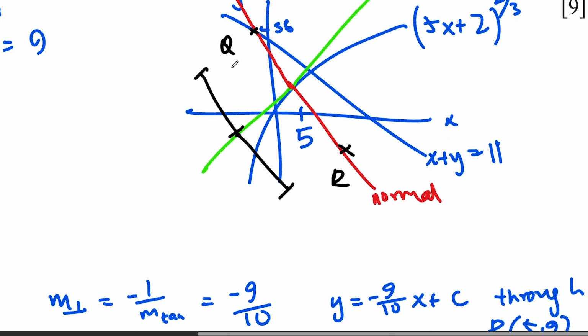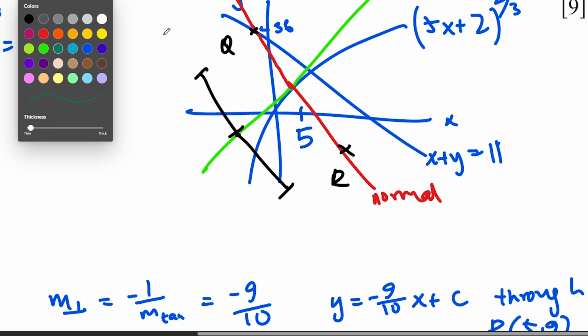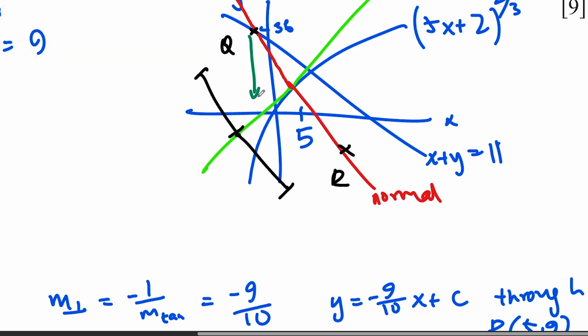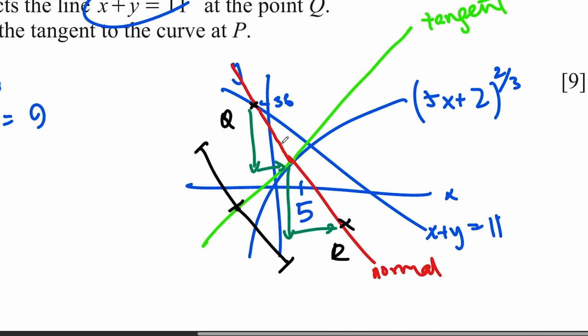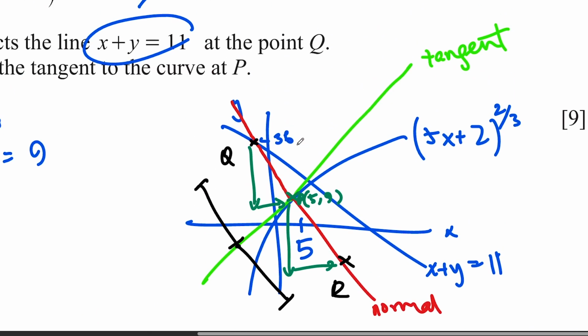Now that we found point Q already, by symmetry we are able to get point R, because we just need to follow how many units to move down and how many units to move right. We just have to follow the same procedure to get to R. Here is (5, 9), that's our point P. Moving downwards will be 27 units downwards, so I'll leave it as negative 27.